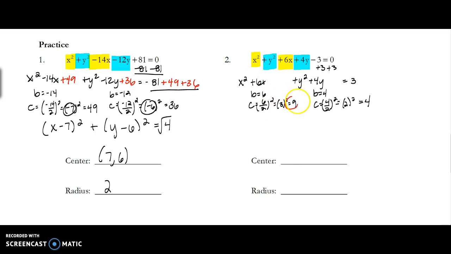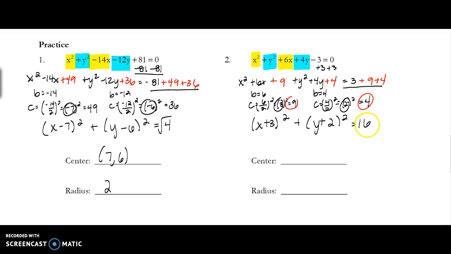So same thing in example number 2. We found out that our c value is 9, so we have to add 9 to both sides, and our c value is 4 for y, so we have to add 4 to both sides. So here we would have x plus 3 squared plus y plus 2 squared equals 3 plus 9 plus 4, which is 16.